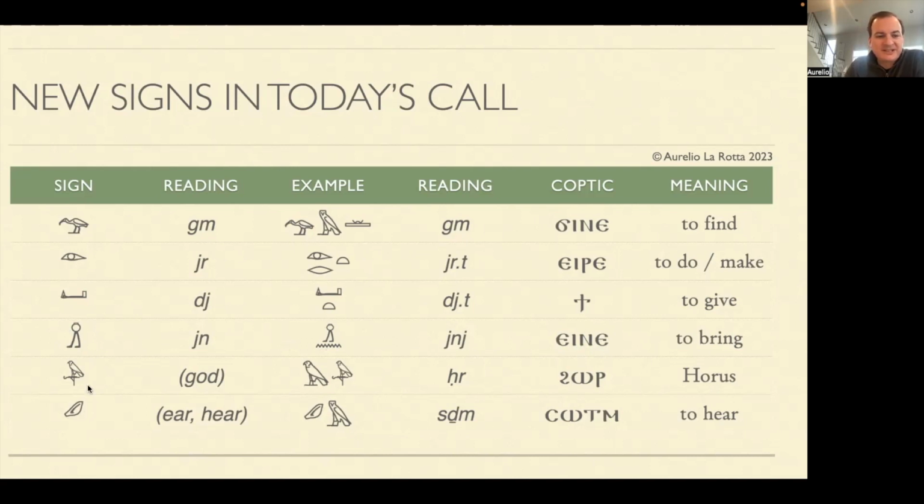Then I also put two signs in here which are not sound signs, but which we'll need today. One is the Horus word on a standard, and this is used at the end of words as a determinative to indicate divine, a god. For example, here I have it in the word for Horus. Living on in Coptic is Hor. And of course, from Greek, we also know how it is pronounced.